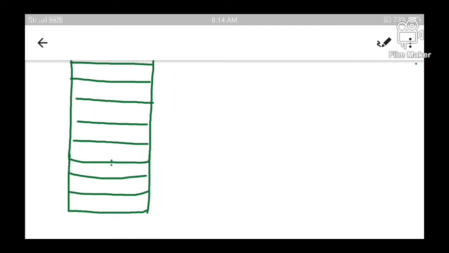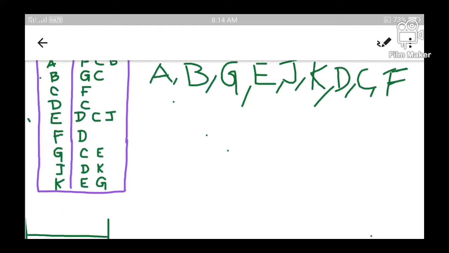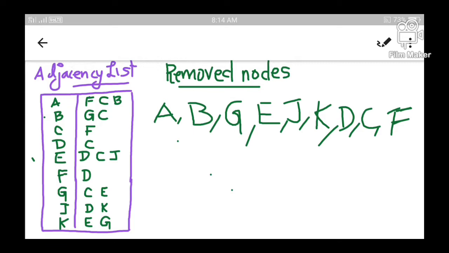You have to stop the algorithm only when the stack is empty. Okay, so in this way you have to select a start node and push it onto the stack. Step number 2, remove the topmost element from the stack. Whenever an element is removed from the stack, all its adjacent nodes have to be pushed onto the stack. Repeat the process of removing the topmost element and adding its adjacent elements to the stack.